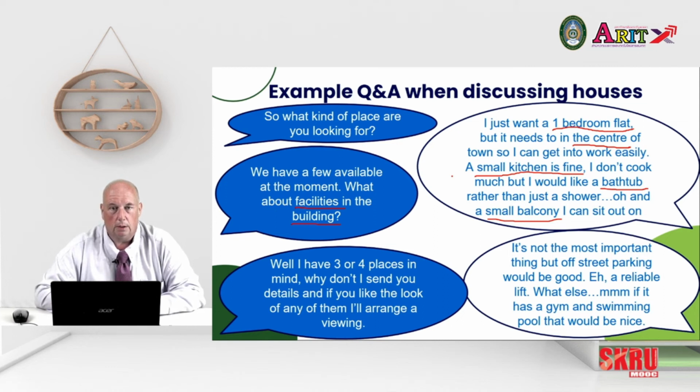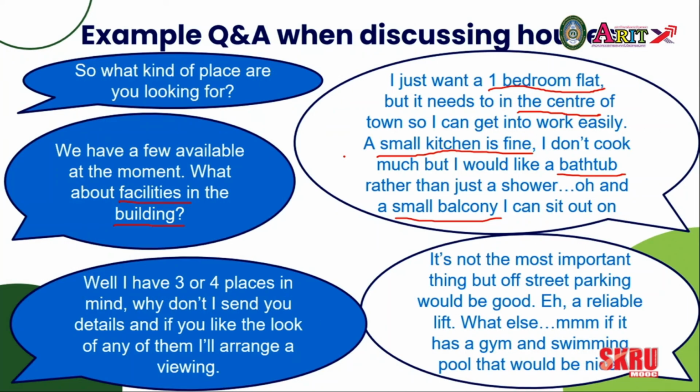Some have laundries, some have gymnasiums, swimming pools, parking. Some have restaurants built in as part of the complex. Others, it's just stairs and a door to let you into your property. So the facilities, what would he like to have available?